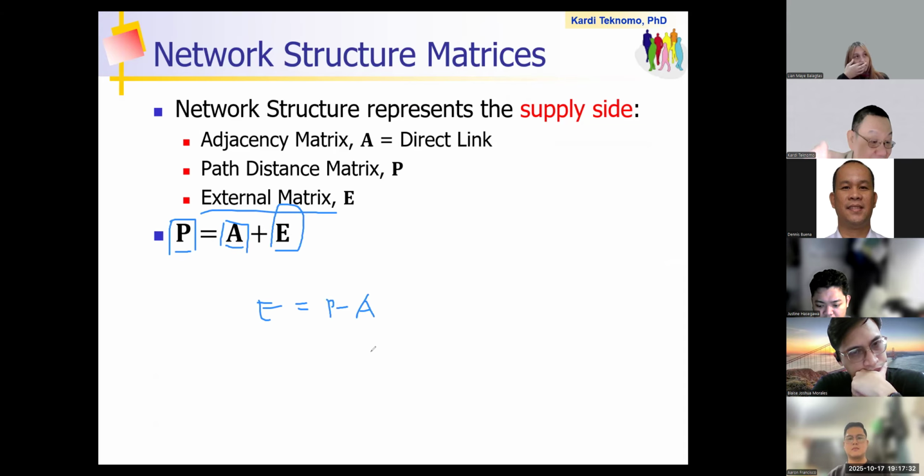P is the shortest distance matrix, called the path matrix here. That is also from network structure. That means if you subtract the two, this external matrix is still network structure. There is no demand, there is no trajectory. Based on the network alone, you will know all of this. Clear?